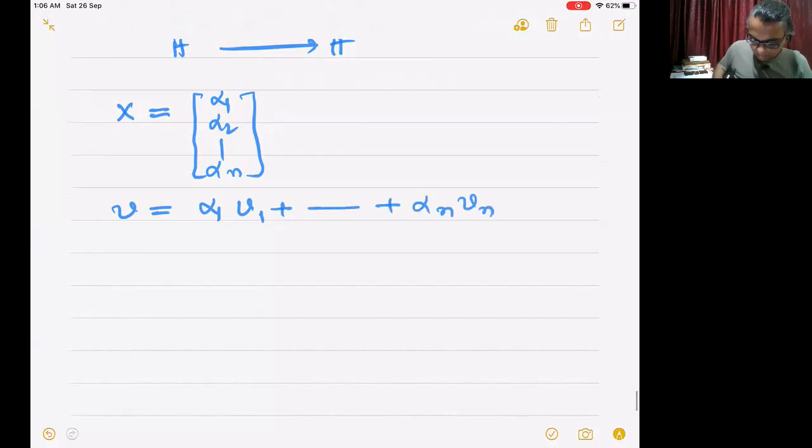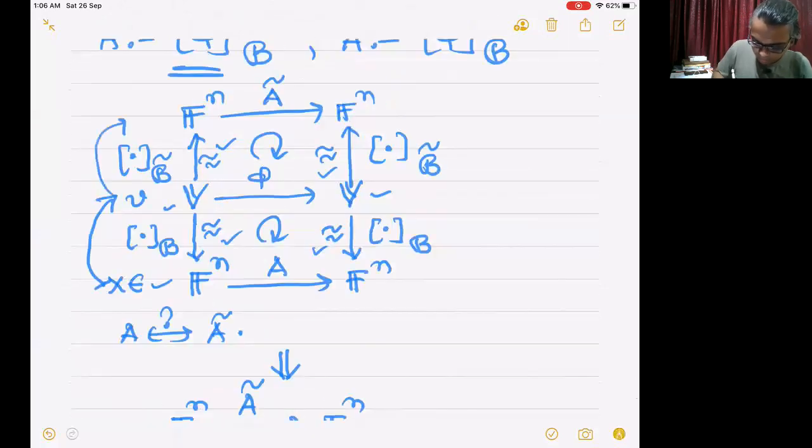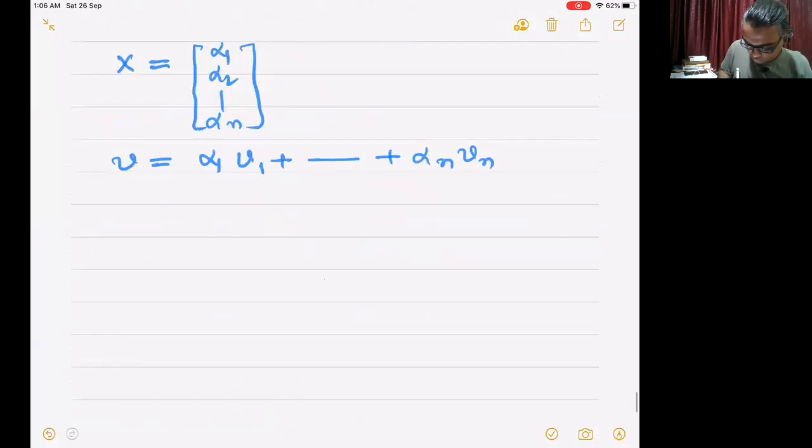But then if I go to this v and follow this map, I should come to some y. Suppose the same v is expressed as beta 1 v1 tilde plus dot up to beta n vn tilde.